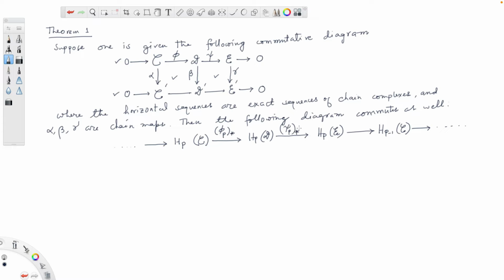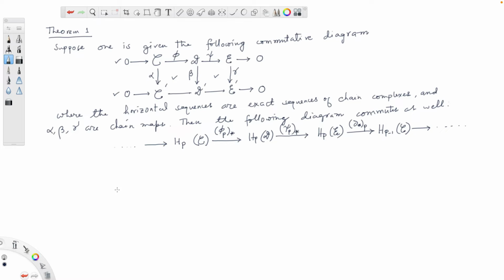They are induced group homomorphisms. And there is this homology boundary homomorphism that we constructed in the previous lecture. We denoted it by del star at P. Okay, so there is this exact homology sequence on the top.